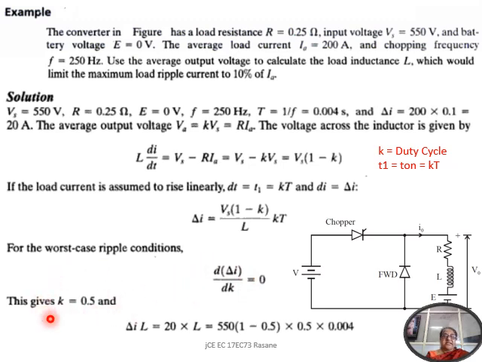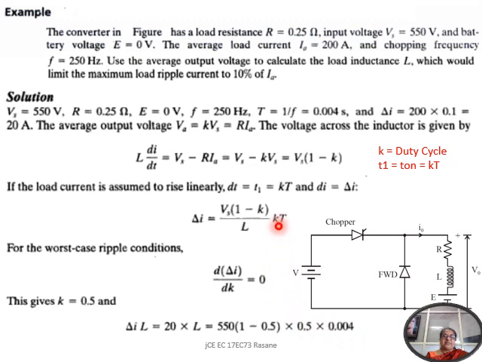Now considering K as 0.5, I will be substituting. So delta I into L is equal to Vs into 1 minus K into KT, where delta I is 20 amperes, and L is the inductance we are supposed to find. That is 550 into 1 minus 0.5, into 0.5, into 0.004.